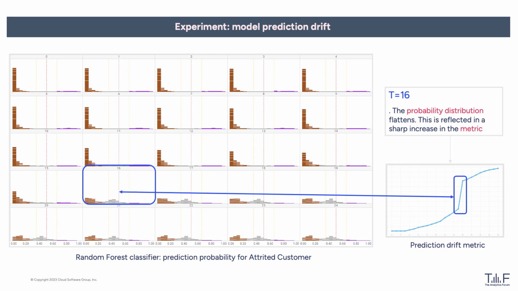And this slowly goes down until at time 16, it looks almost completely squashed, and there's an accumulation of responses around the class divider, showing that the model is becoming less resolute. And this is shown on the right in the prediction drift matrix, where the x-axis is the time step and the y-axis is the numeric representation of this drift. And we see there is a sharp increase at time step 16, which is capturing what's happening here.